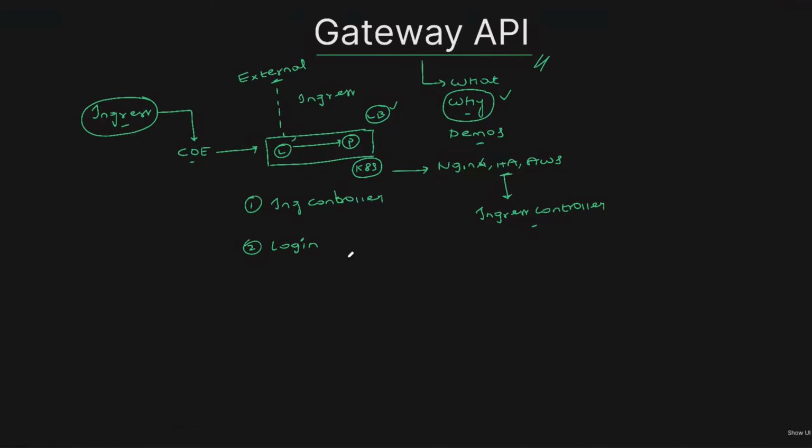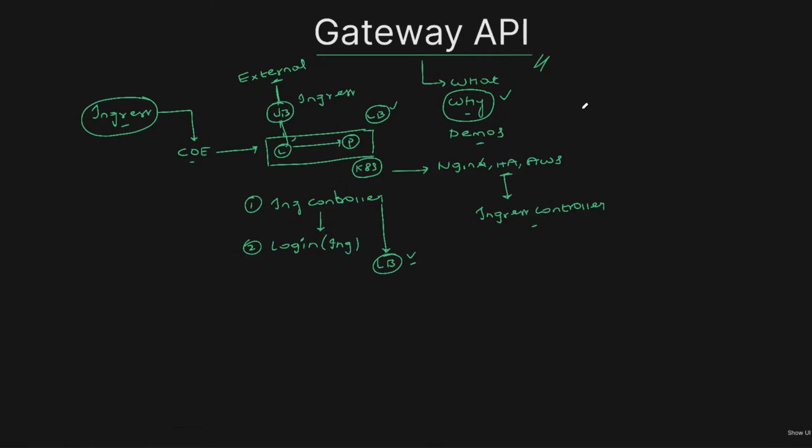Once this Ingress resource is created, the Ingress controller watches the Ingress resource and according to the configuration, it creates a load balancer. Now you all know, once a load balancer is created, the problem is solved because the load balancer can be public facing. Using this load balancer, the external user talks to the load balancer, which routes the request to the relevant service in Kubernetes.